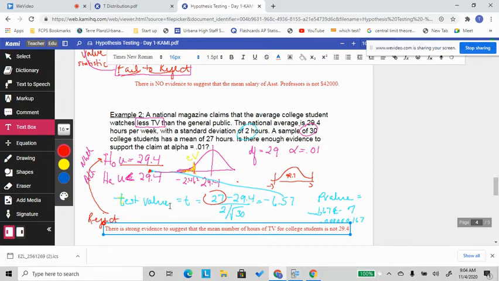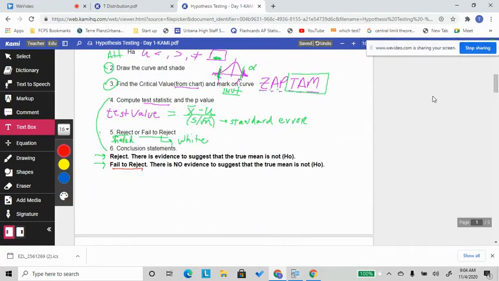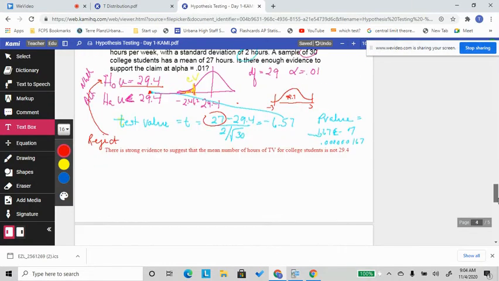And we landed in shaded, and if you go up to page 1, there is a sentence to follow. There is evidence to suggest that the true mean is not whatever the H0 was, 29.4. Just put it in context.